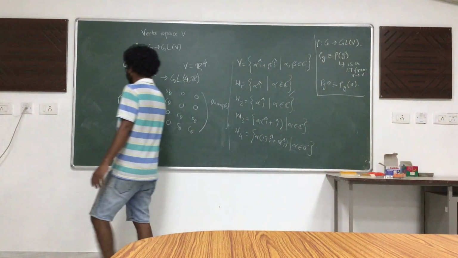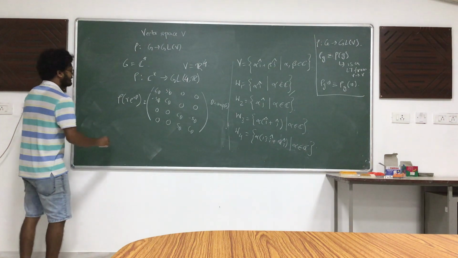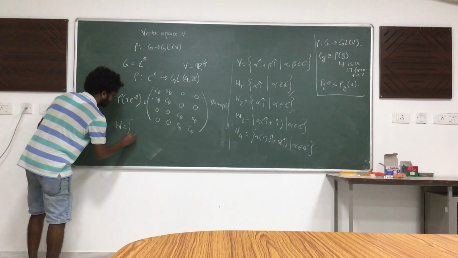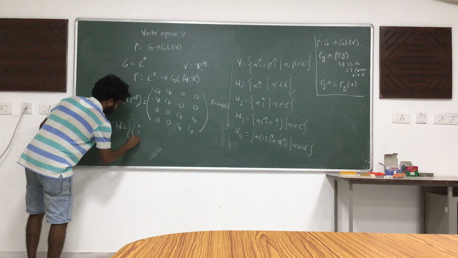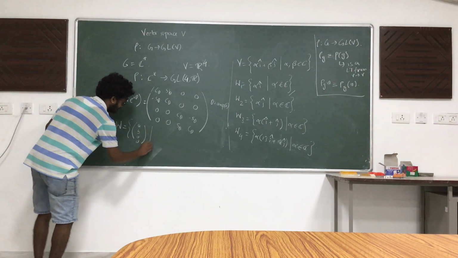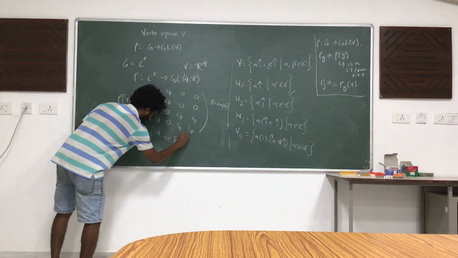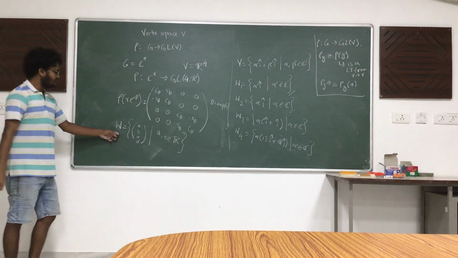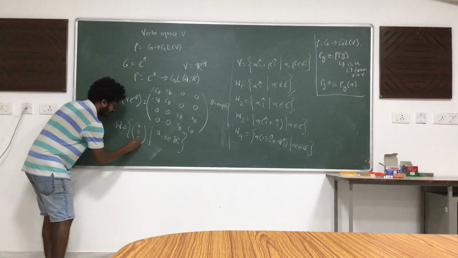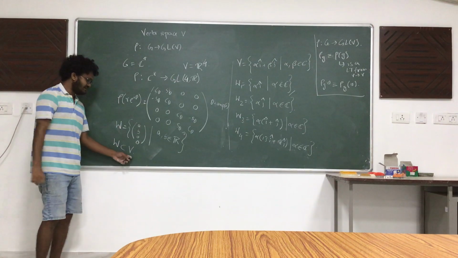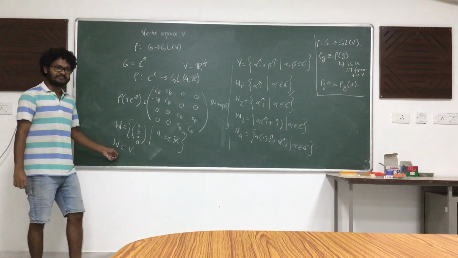Now, let us consider that W is the set of vectors (a, b, 0, 0) where a, b belong to R. So now you see that W is a subset of V and is also a subspace of V.